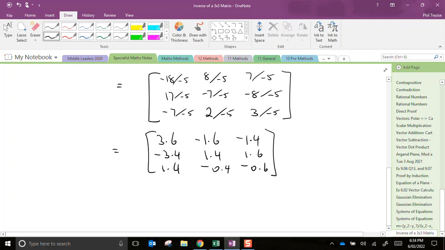Now that's the inverse of matrix A. Of course, you can check that we've got the correct solution by taking the original matrix A, multiplying by this, and seeing that we get the identity matrix. Okay, that's it for this time. Thanks for watching.